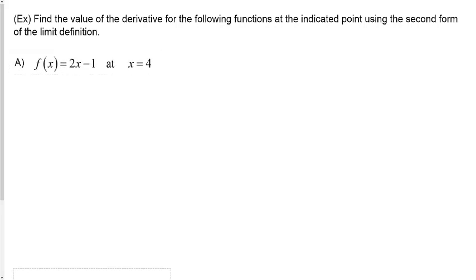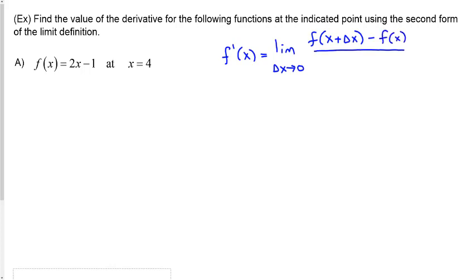So what I want to do in this example is find the derivative of the function f of x at x equals 4. And the function itself is 2x minus 1. So the derivative we just saw is the limit as delta x goes to 0 of f of x plus delta x minus f of x all over delta x.